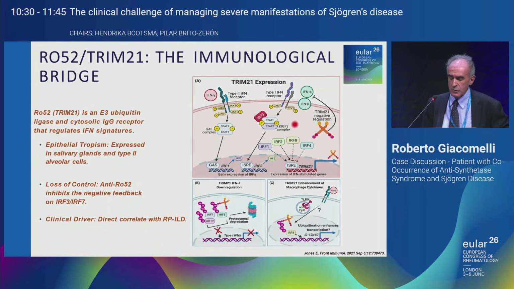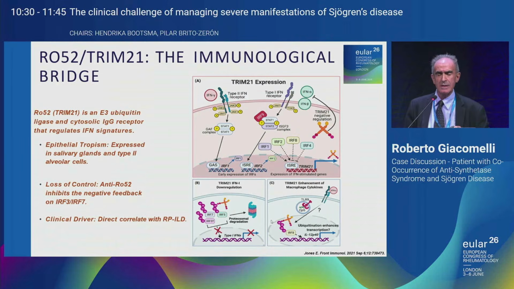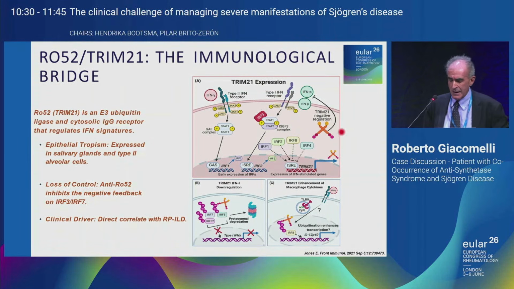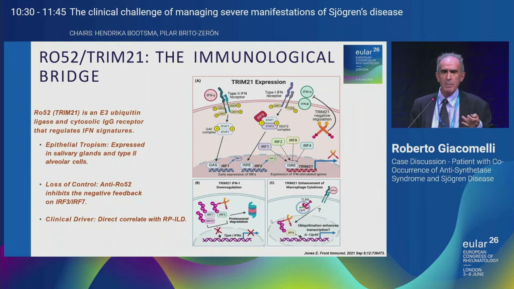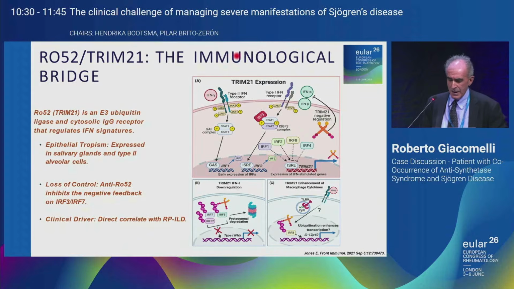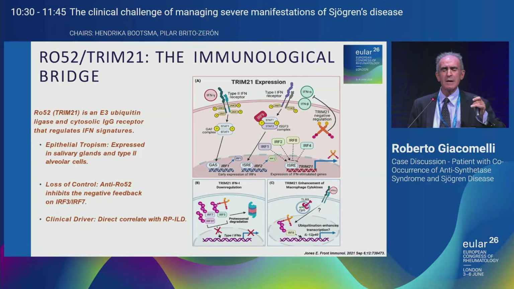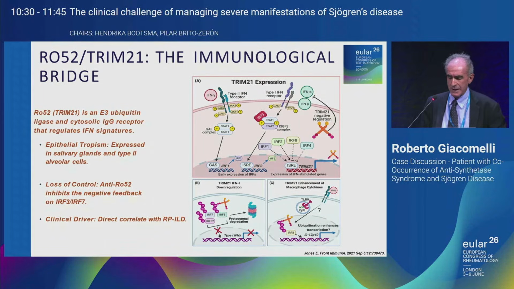TRIM21 is able to interfere with the interferon-related factors 3 or 7, thus decreasing the activity of interferon, and moves to the surface of the cells, trying to stop the link between the interferons and their specific receptors. So TRIM21 acts like a down-regulation mechanism of interferon activity.